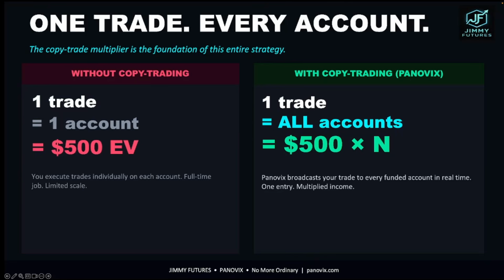So you get a $500 expected value per trade with that kind of risk management and profit taking. So if you have a system-based entry that wins at least 50% of the time, and you average a 3-to-1 risk to reward ratio, you have a $500 expected value per trade.